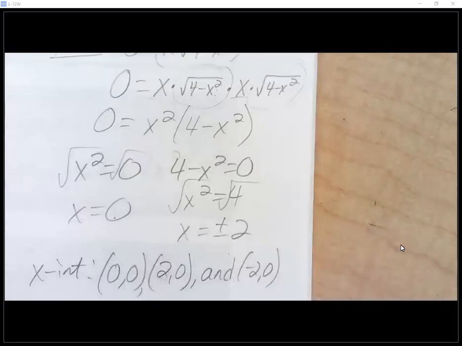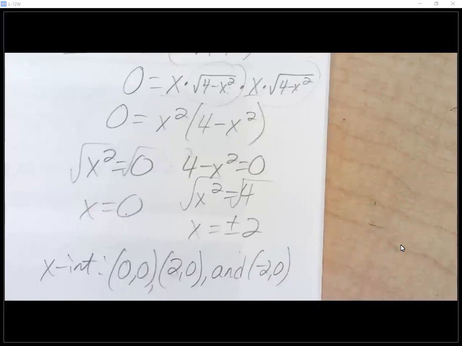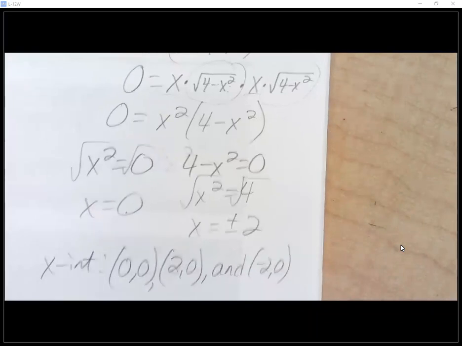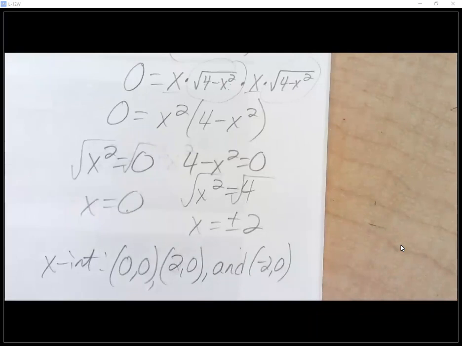Luckily, solving for the y-intercept is actually way easier, right? Because all the x's basically cancel out. Now, I do have more than one x. Which x do I plug 0 into? All of them. If x is 0, all the way throughout.